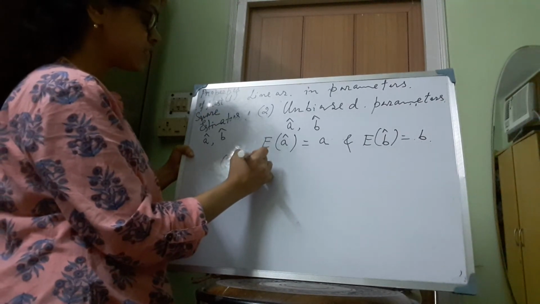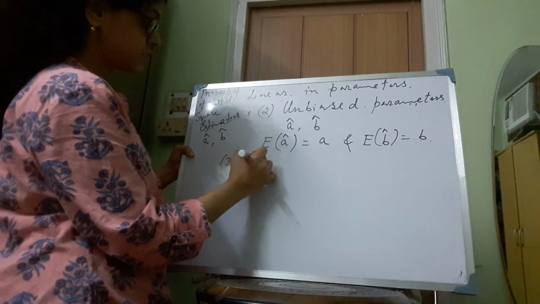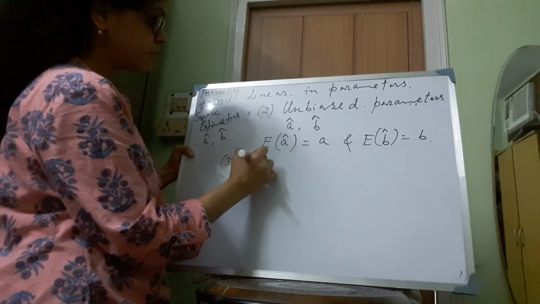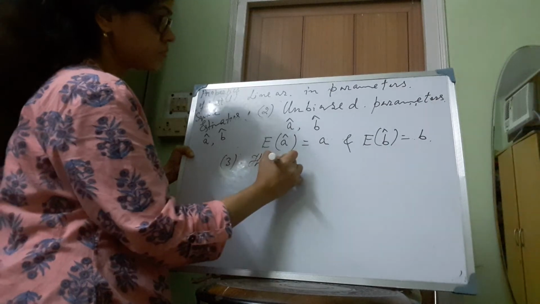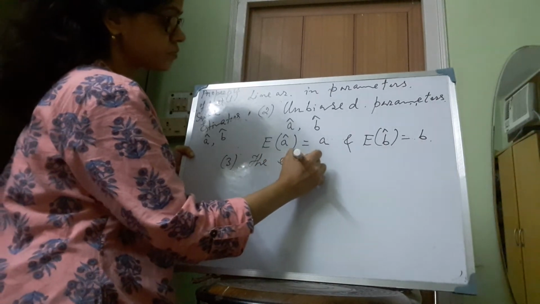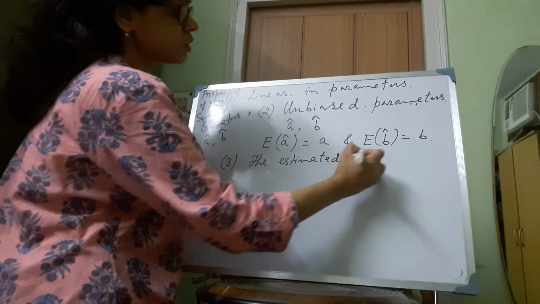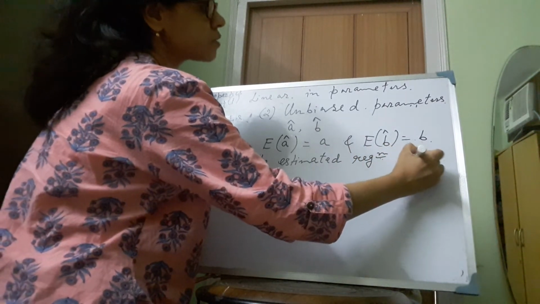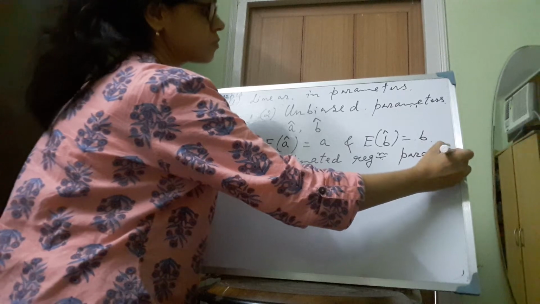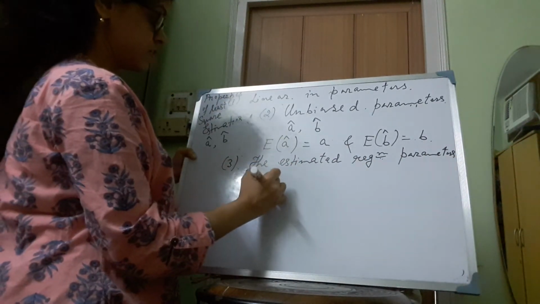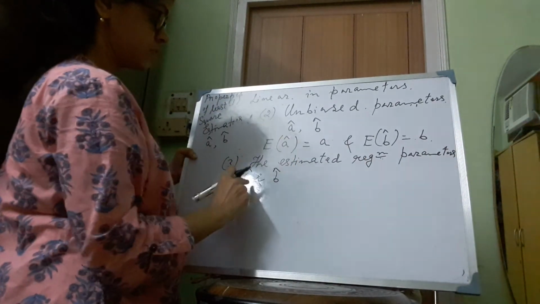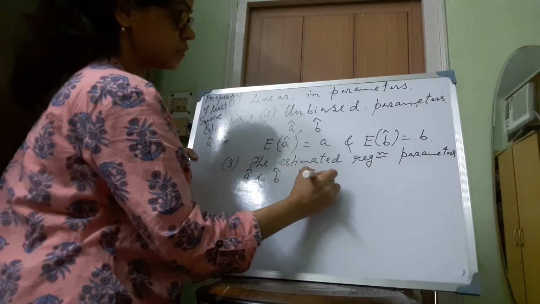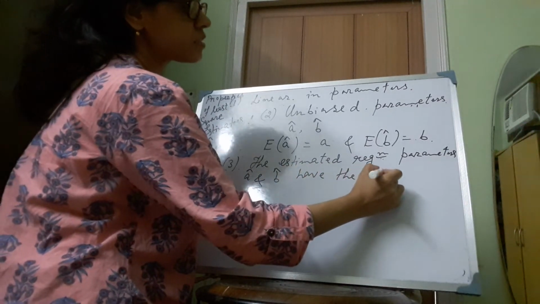And the third property is that the estimated regression parameters A hat and B hat have the minimum variance.